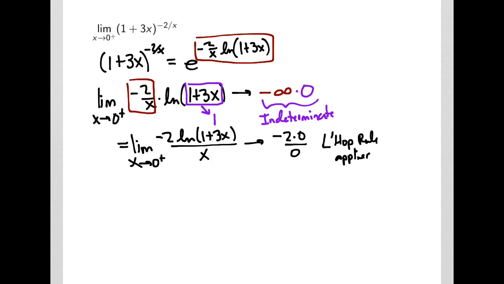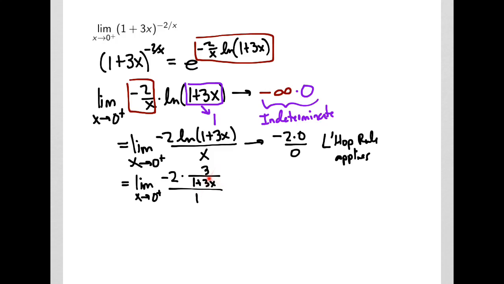And so I can rewrite this limit now as a new limit using L'Hopital's rule, where I take the derivative on the top and the derivative on the bottom, and now I can calculate the limit plugging in my x as x goes to 0.